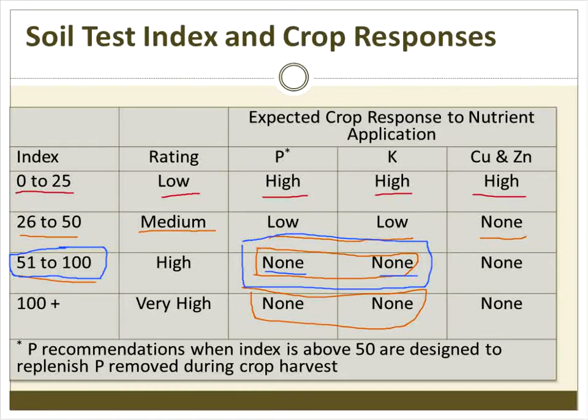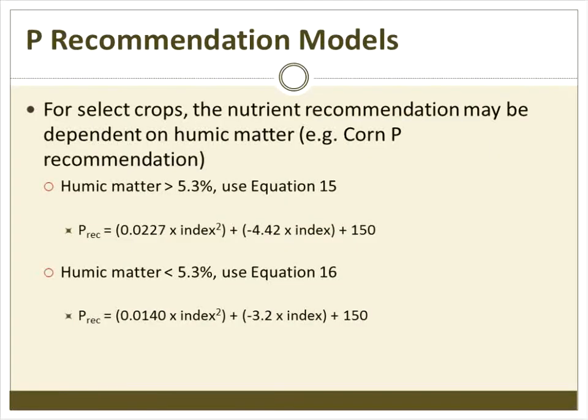So your soil is in one of those questionable levels where if you've got an index that's marginal, somewhere around 60, and you grow a really high yielding crop, you may pull enough phosphorus out of that particular system to drop that index value down to say a 48 or something like that. And so you have to kind of replenish what you remove. So you will still get recommendations from these 50 to 100 ranges that you're not going to get a response to, but you're just replenishing what you're going to remove so you don't hurt the subsequent crops.